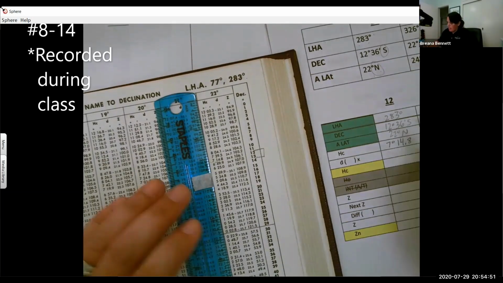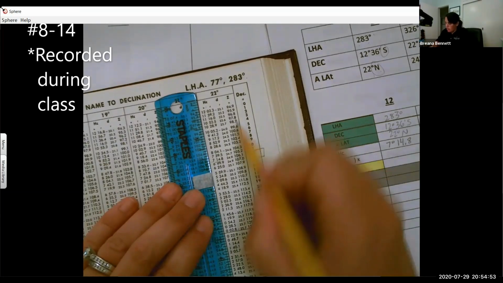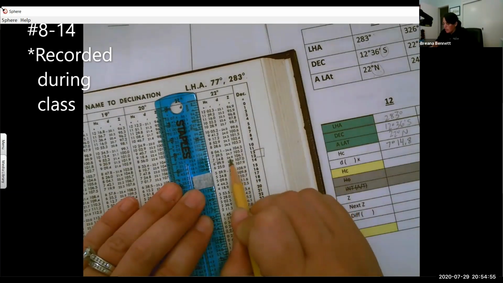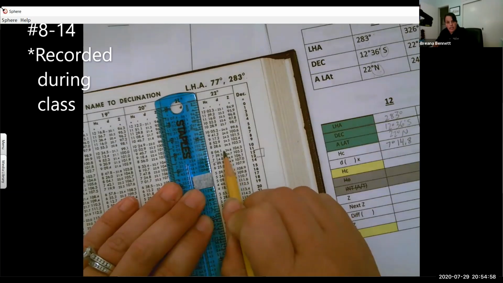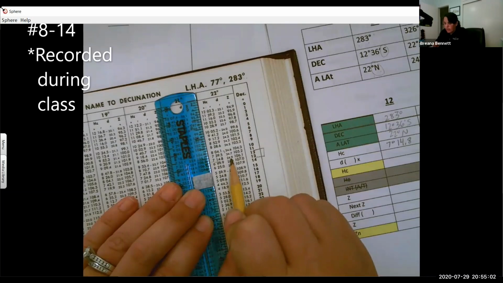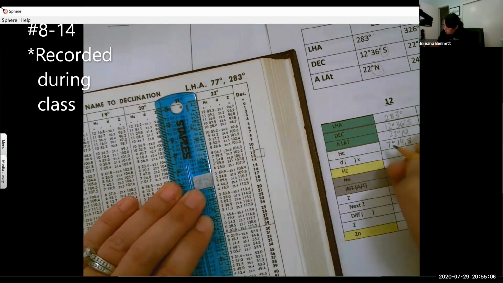Okay, then that d, we're going to write it in, is going to be minus, see that little minus sign there? Minus 24.9. So we're going to put in our little d. I'm just going to write it minus 24.9.